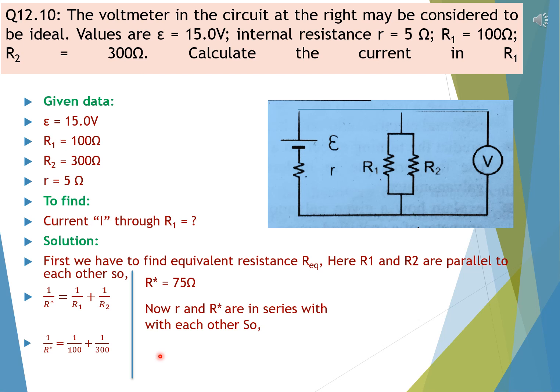Now small r and R star are in series with each other, so R equivalent is equal to the sum of r plus R star. By putting the values, R equivalent is equal to 5 plus 75, and by adding we get R equivalent is equal to 80 ohm.